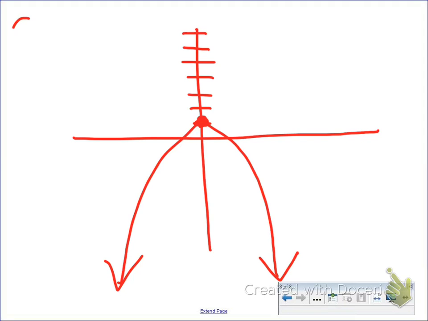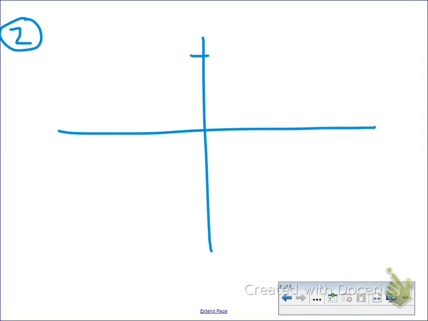So here's number 1. You can give me the domain and range of this graph. And then for number 2 as a bonus question, 2 bonus points possible, give me the domain and range of this graph.